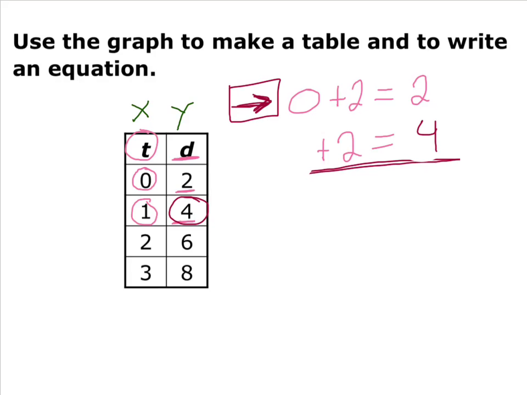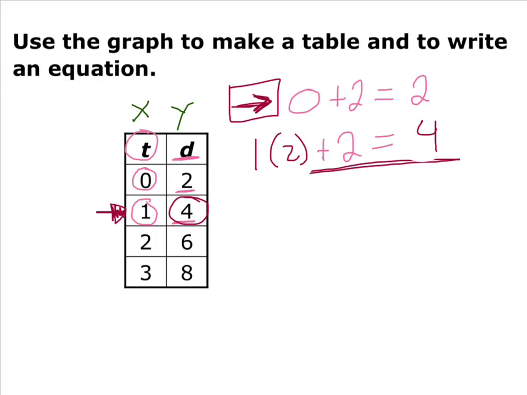So, well, what plus 2 equals 4? Well, 2 equals 4. So I need to go back over here and look at this. Well, I have 1 right here. Well, what times 1 equals 2? Well, 1 times 2 equals 2. So let's see if we could do that. 1 times 2 is 2, plus 2 equals 4.